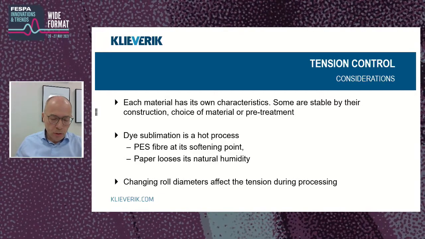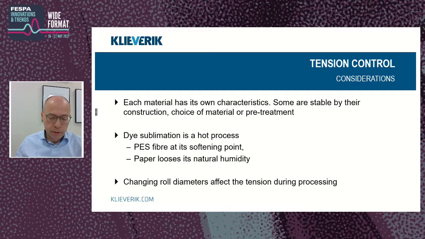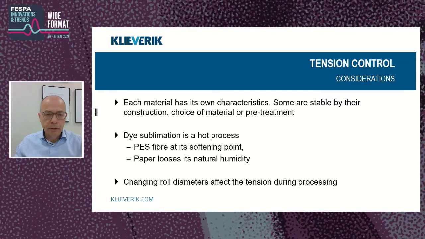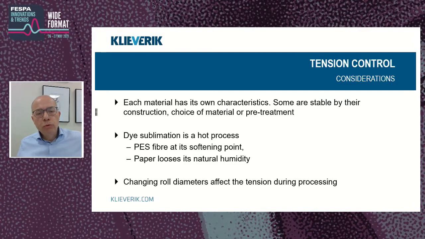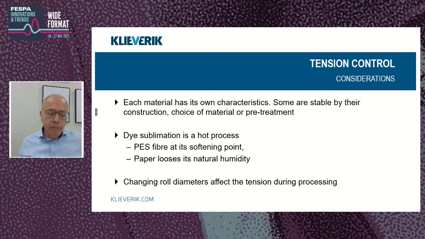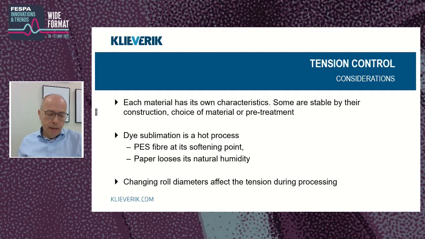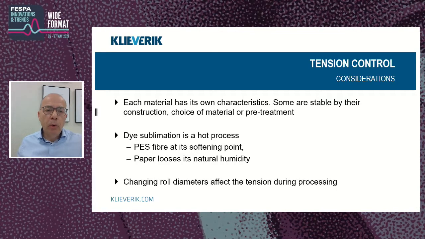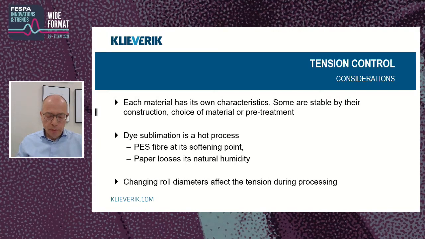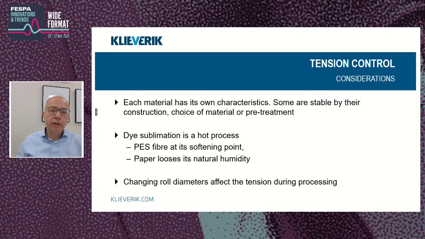In the process, it's all been taken out. The paper will shrink, it will wrinkle, and you have to control it. And thirdly, to keep in mind, when you operate the machine, when you're in processing, by a roll diameter changing, you also get a different tension if you don't have any means to compensate for that.